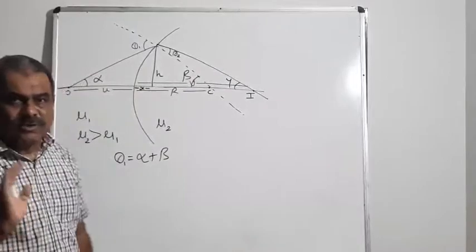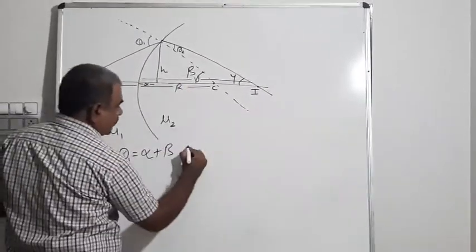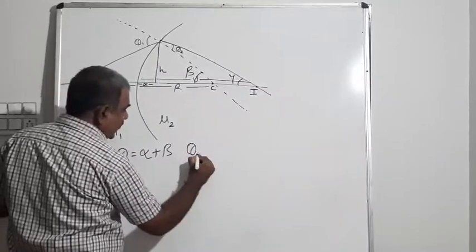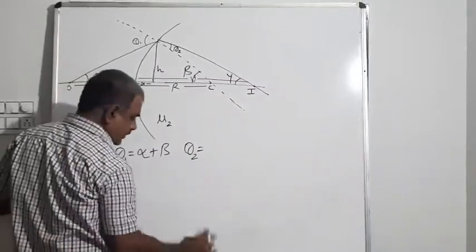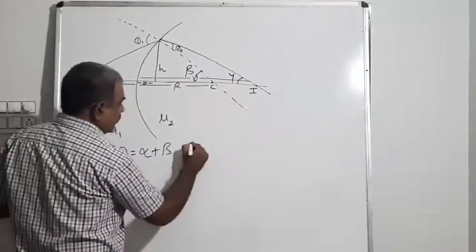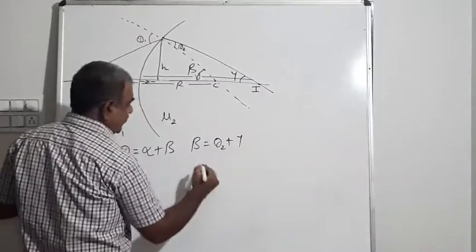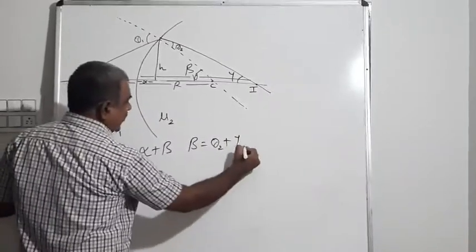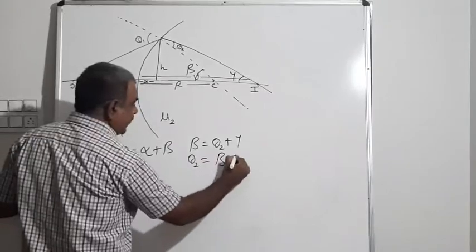The exterior angle is equal to the sum of the two opposite interior angles. In the same way, beta equals theta 2 plus gamma. That's why theta 2 will be beta minus gamma.